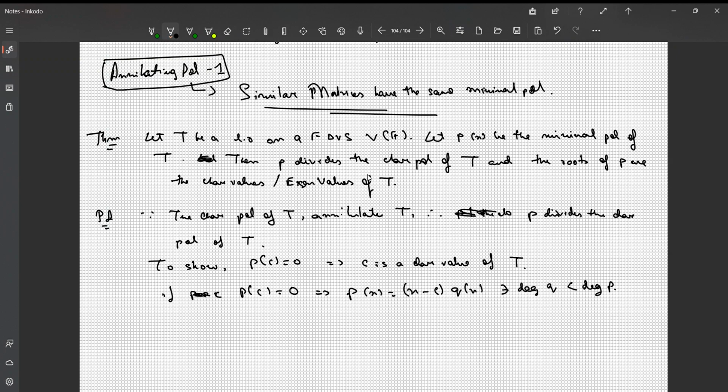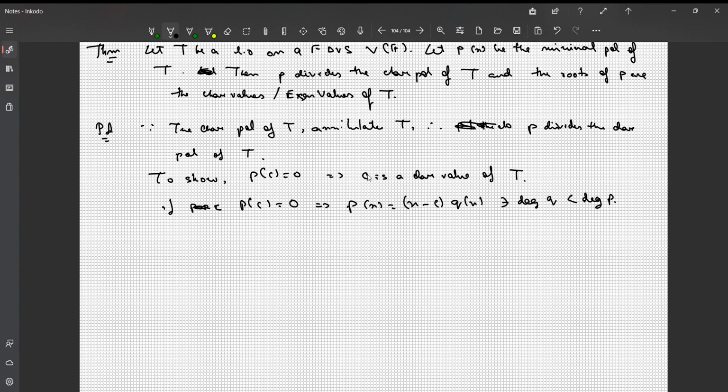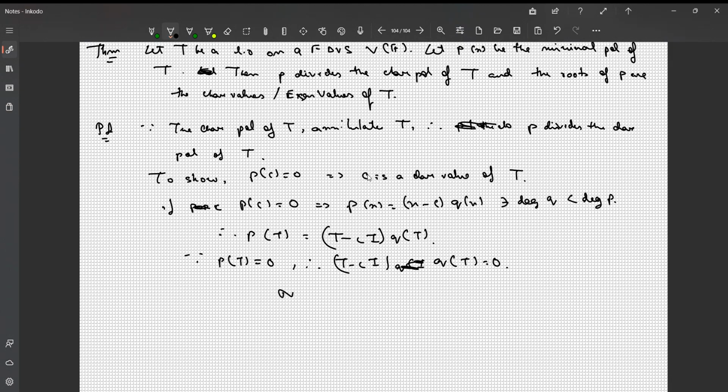It's pretty obvious. But then what is P(T)? P(T) is equal to (T minus cI) times Q(T). And we know that P(T) is 0, because P is the minimal polynomial of T, therefore (T minus cI) times Q(T) is equal to 0 as well.